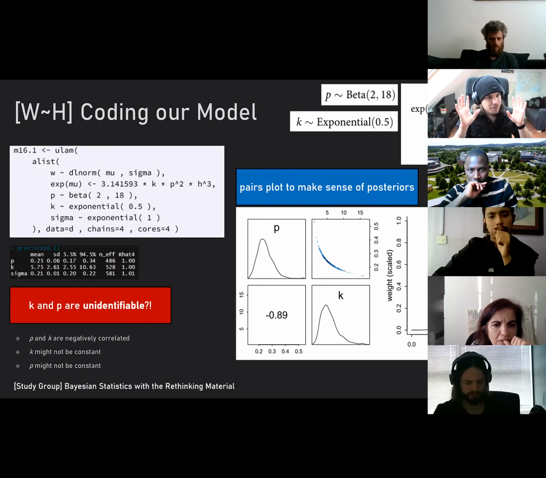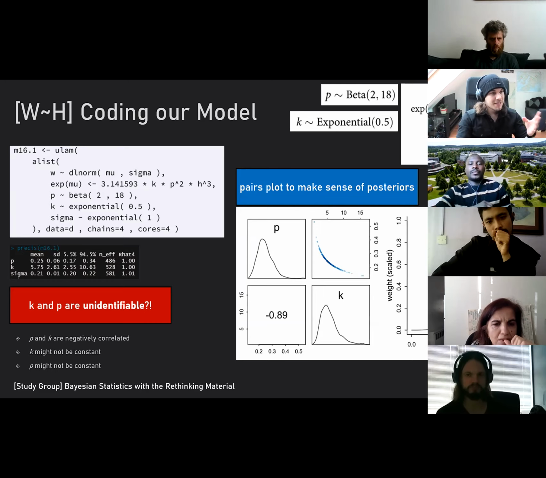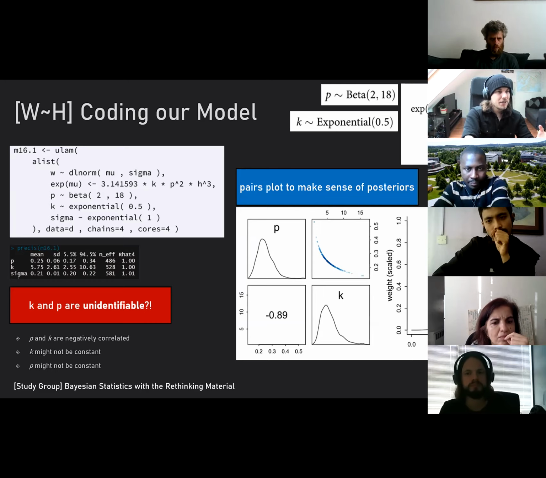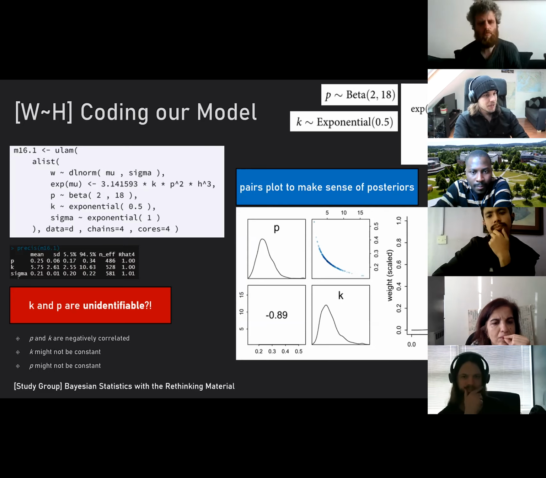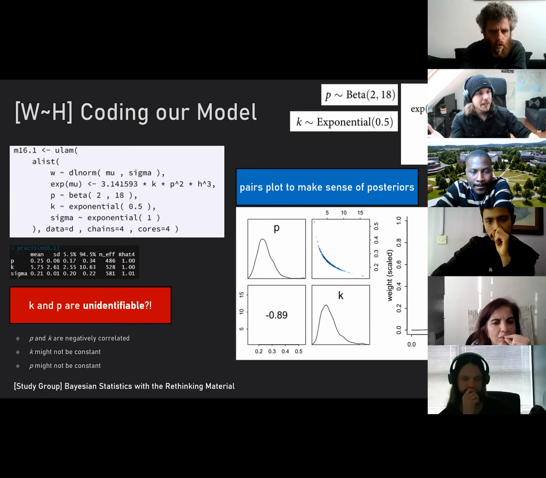What's important to point out, which our model hasn't taken into account yet, is that K might not be constant and P might not be constant. For different individuals, if we just think about age, we might end up with different densities for young individuals versus old individuals.